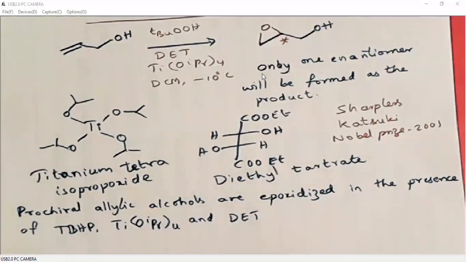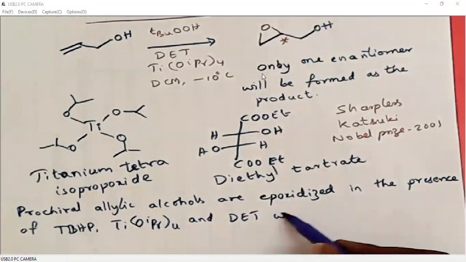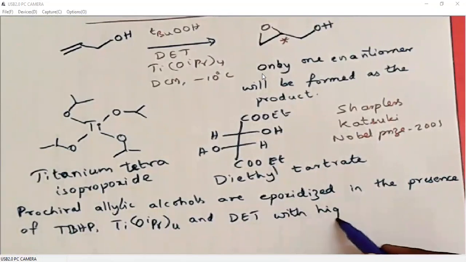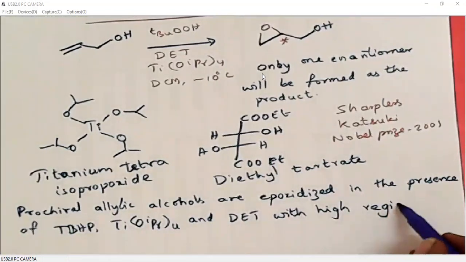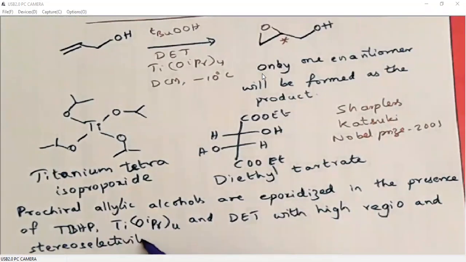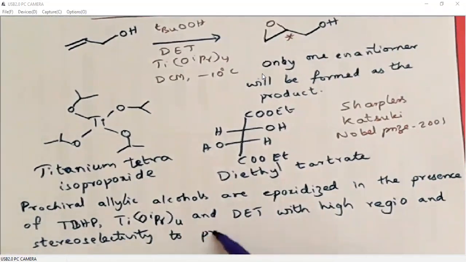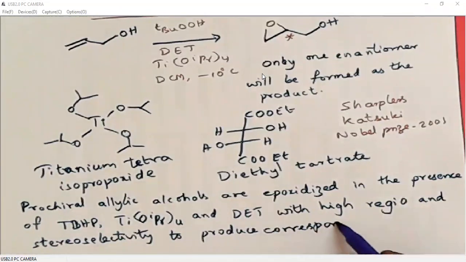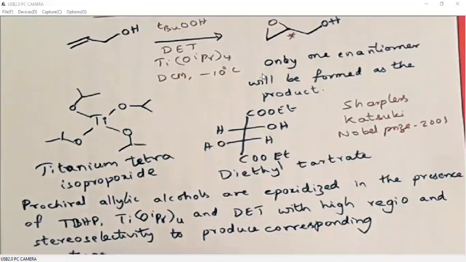We will use plus DET or minus DET with high regio and stereoselectivity to produce the corresponding optically active epoxy.